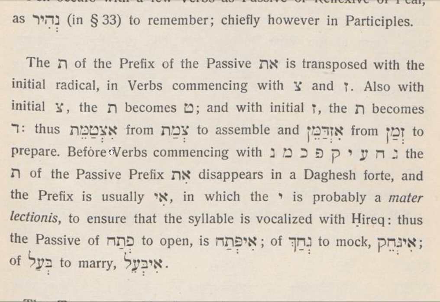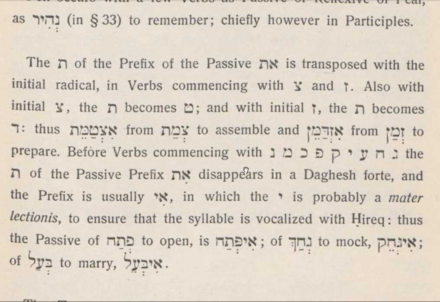Thus we have Ets Haim, from Tzamat, to assemble, and Is Damen, from Zaman, to prepare. So Ets Haim, a much darker sound here, from Tzamat, and Is Damen, from Zaman.